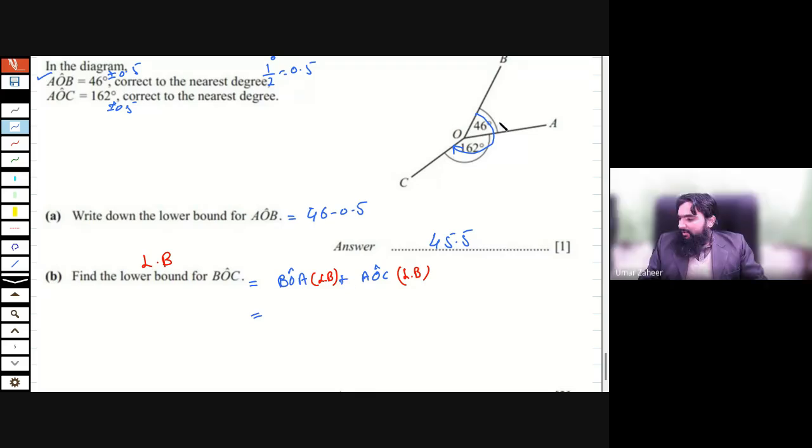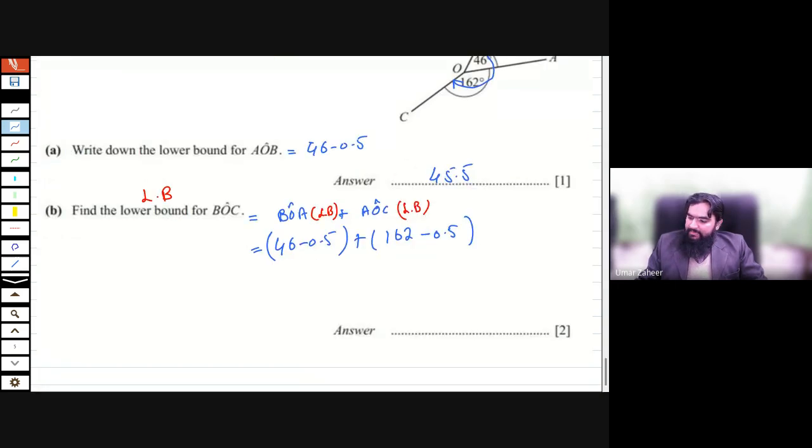How are you? Alhamdulillah. Okay, so BOA, what is the lower bound of this one? It is 46 minus 0.5 plus the lower bound of AOC. It is 162 minus 0.5. Is this step clear?